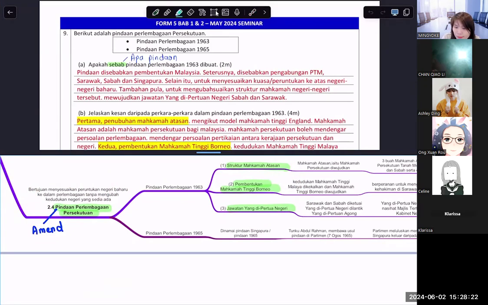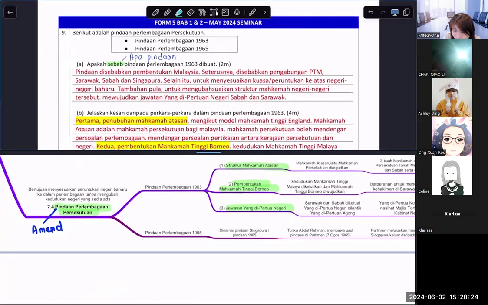Because of Malaysia, penggabungan. Because of menyesuaikan kuasa negeri baharu. And contoh, the 1, 2, 3 here.